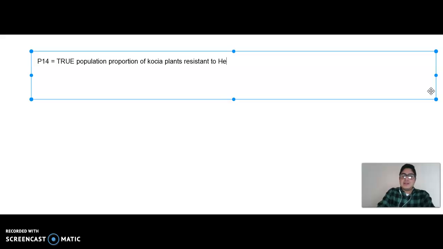You know what, I'm just going to shorthand, sorry, to Herb-G in 2014, whereas P17 would be the true population proportion of kochia plants resistant to Herb-G in 2017.